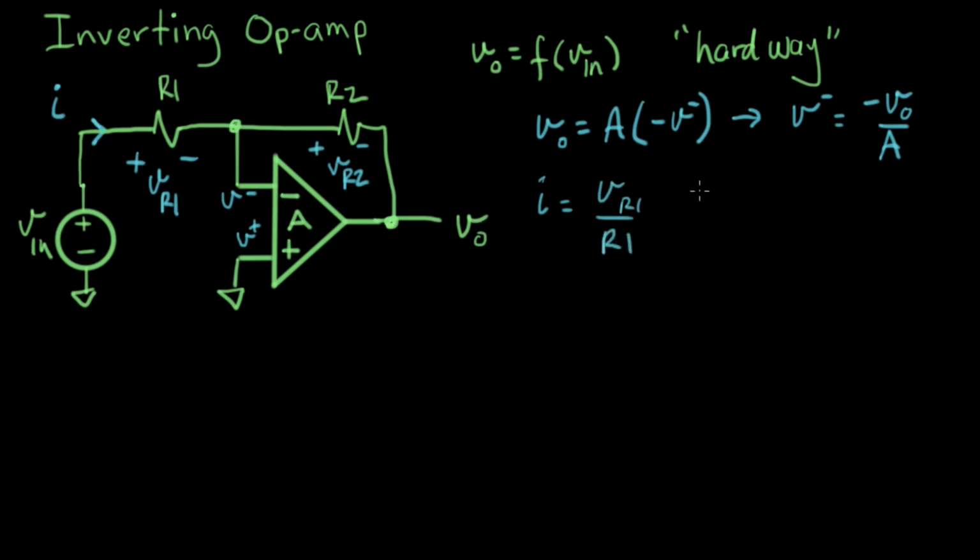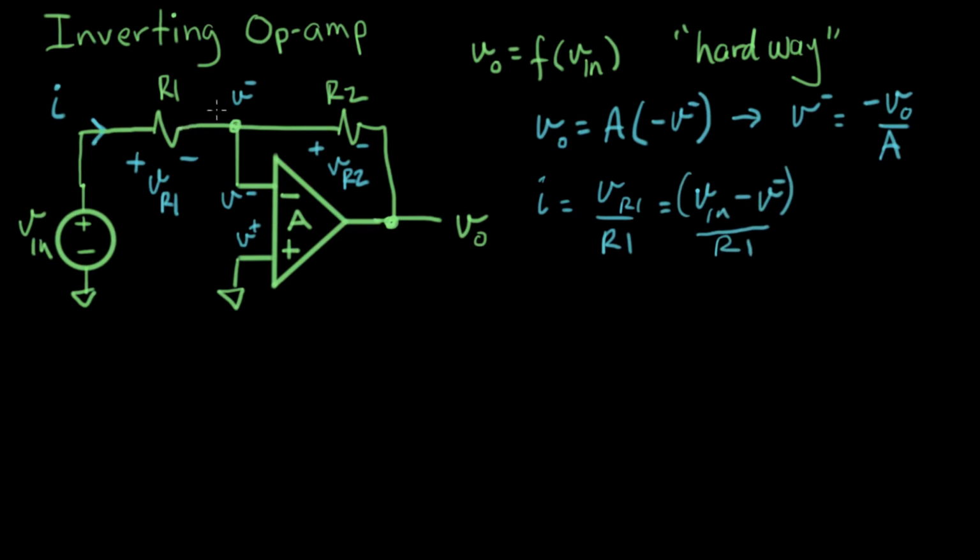Another way I can write that, what's this voltage here? This is V minus. So I can write this in terms of V minus, and that equals Vn minus V minus over R1. All right, so that's the current going through this resistor here.